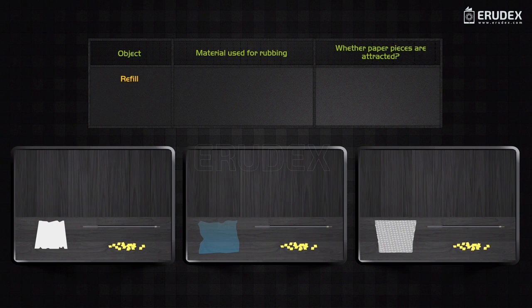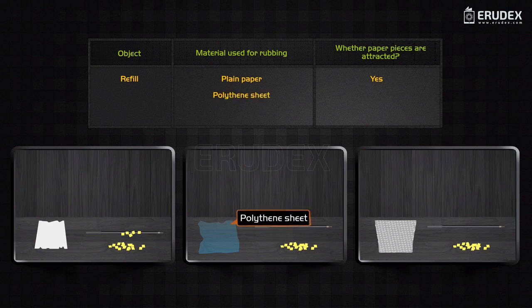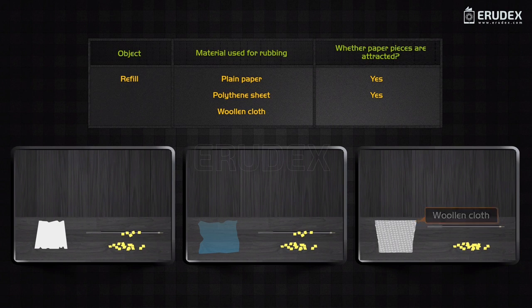Refill rubbed against materials like plain paper, attract pieces of paper, polythene sheet, attract pieces of paper, and woolen cloth, attract pieces of paper.